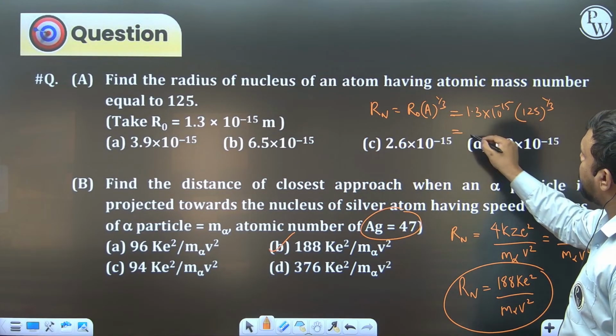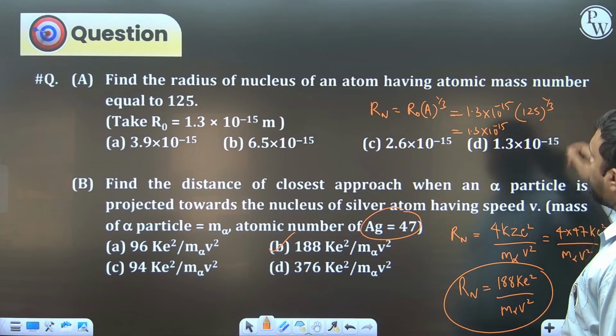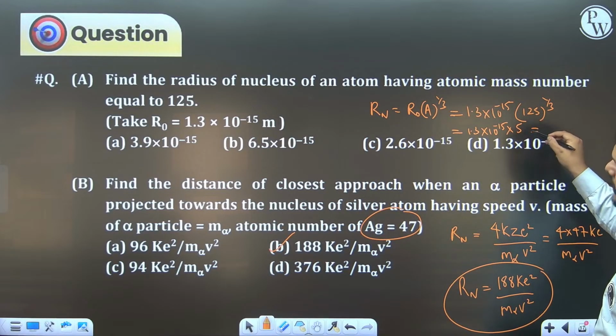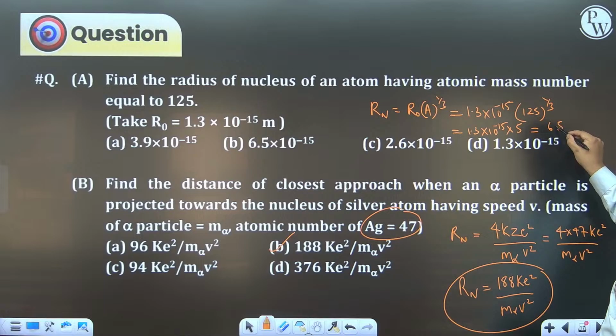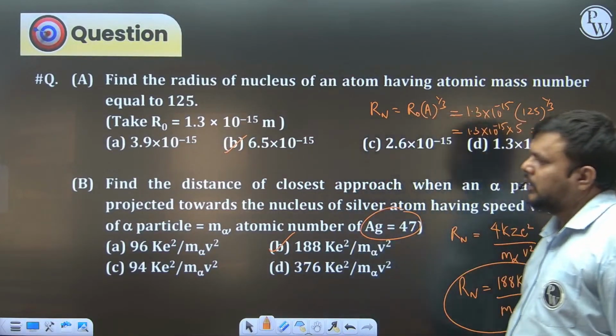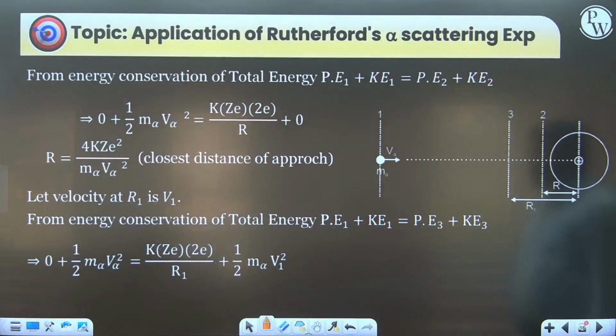So we are getting 1.3 into 10 to the power minus 15, and the cube root of 125 is 5. So into 5, how much are we getting? 6.5 into 10 to the power minus 15. So B option will be our answer over here. So this is the radius of nucleus concept that we have gone through.